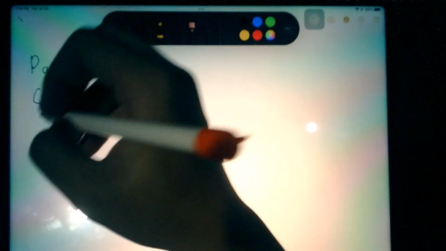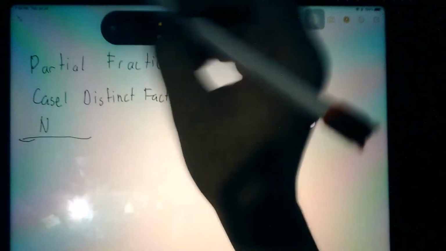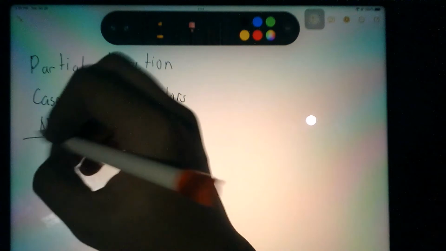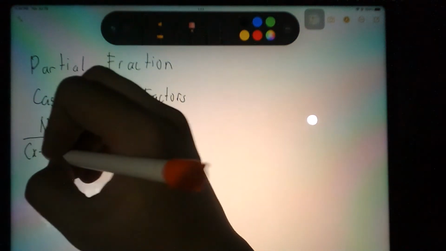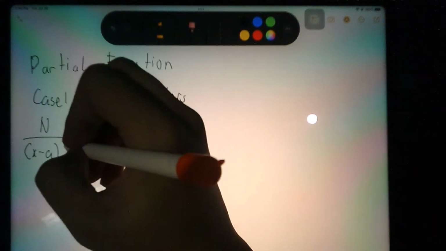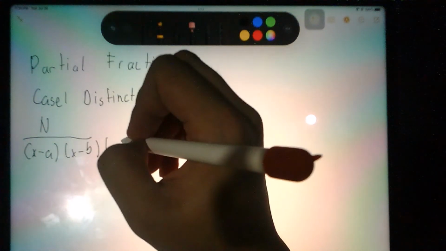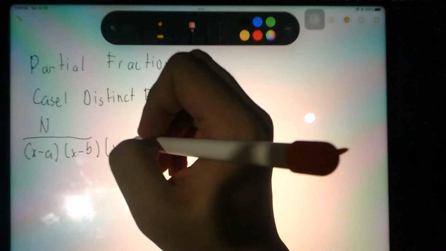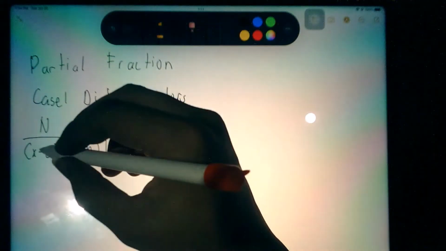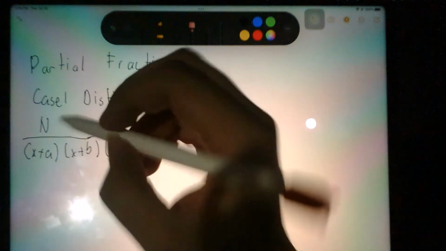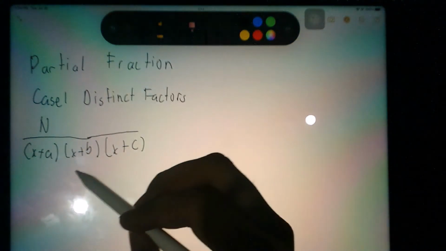When n is a constant or an equation, n is all over x minus a, x minus b, and x plus c, or whatever. It could be negative or positive.